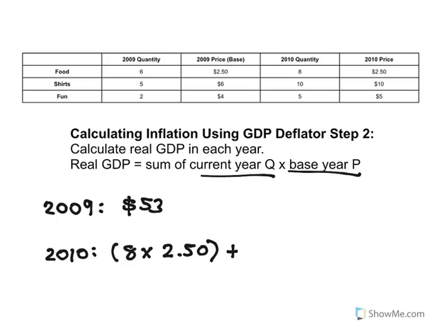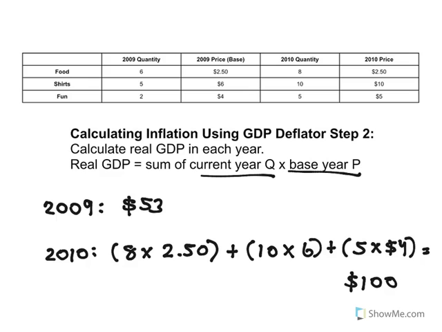But when we get to the shirts, it's going to be 10 shirts times, but we're going to use the $6 price, because that is the base year price for the shirts, plus we've got 5 units of fun, but then we use the base year's price of $4. We add all that together, and that is going to give us 20 plus 60 plus 20, which is $100 for real GDP in 2010.